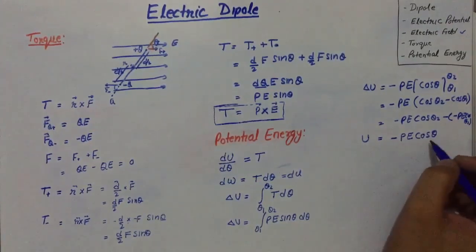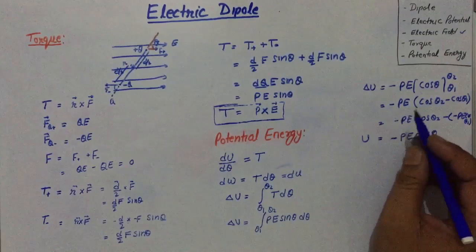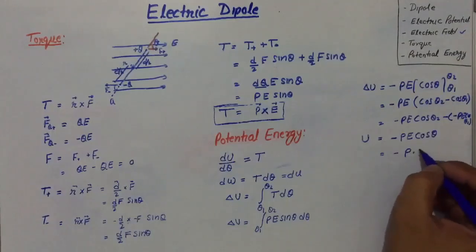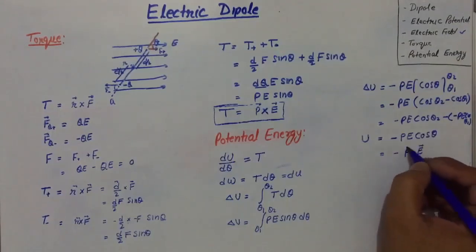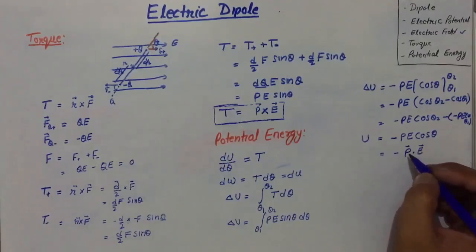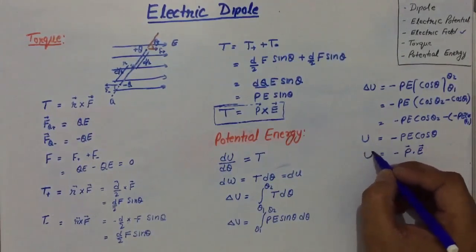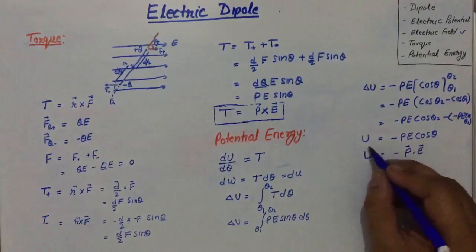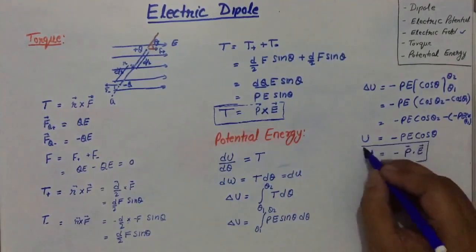Further you can write minus P dot E, because P is also a vector and E is also a vector, so the dot product of these two will give us this. So U, the potential energy, can be written as P dot E with a minus sign.